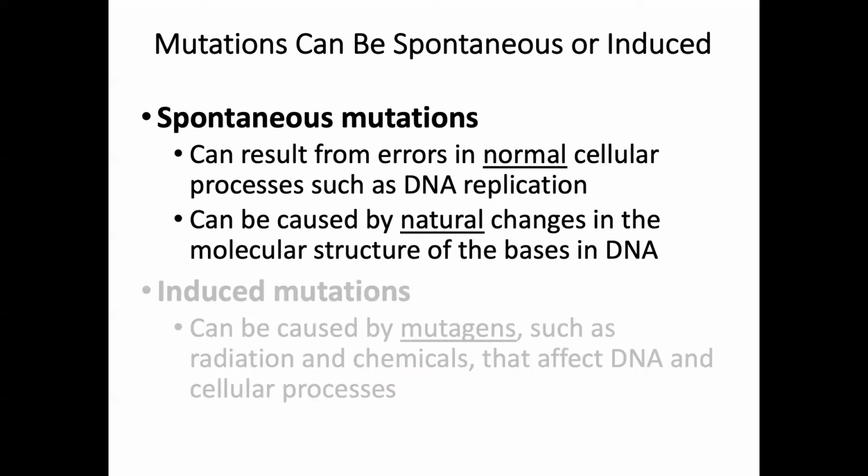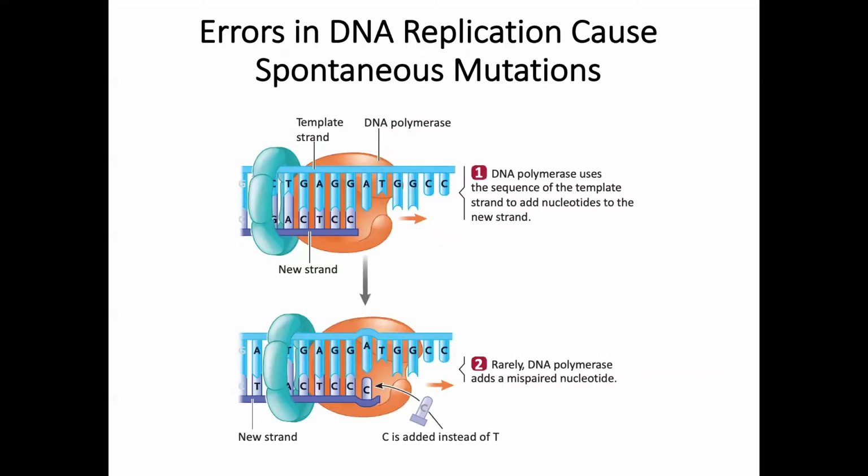First, we talk about spontaneous mutations. I just mentioned that spontaneous mutations can be caused by errors in DNA replication. But how does this happen? We all learned that DNA polymerase uses the sequence of the template strand to add nucleotides to the new strand. And this is always from 5' to 3', right?